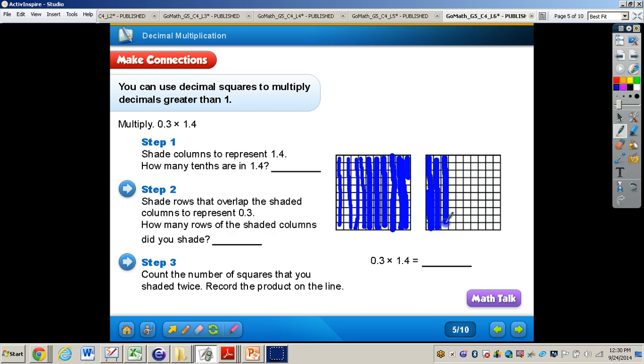So 1 4/10. So answering the question, how many tenths are there in 1 4/10, we have 14. Okay, 14 columns here. Now what we need to do is shade rows that overlap the shaded columns to represent 3/10.